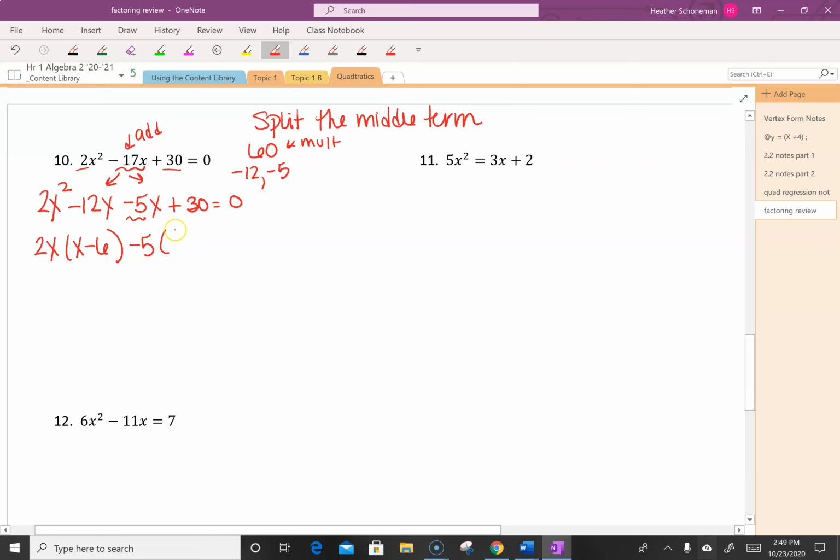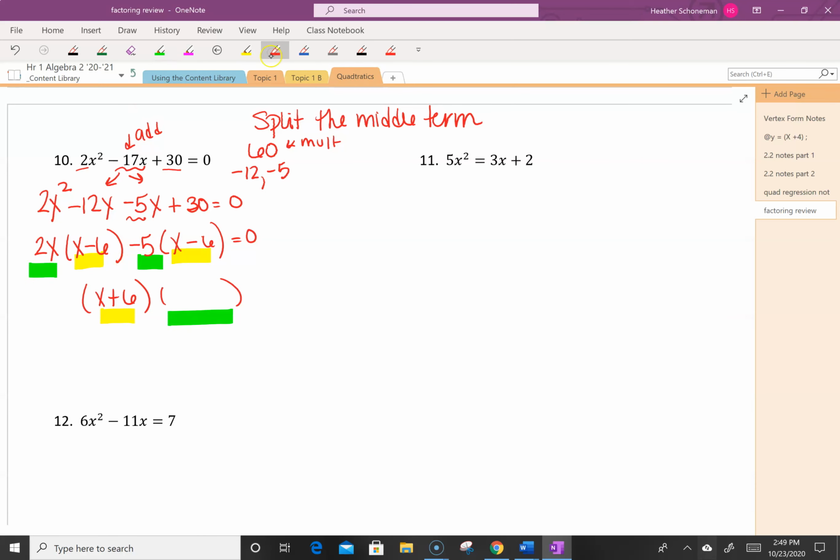So negative 5x divided by negative 5 is positive x, and positive 30 divided by negative 5 is negative 6 equals 0. Now when I rewrite this, these both match, so I'm going to make a parentheses for what matches, and then a new parentheses with what they split. So my next parentheses is 2x minus 5, and this equals 0.